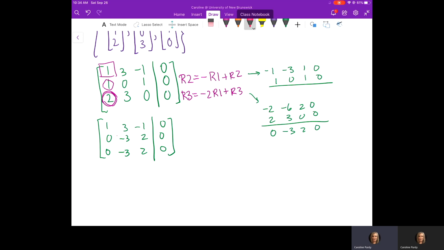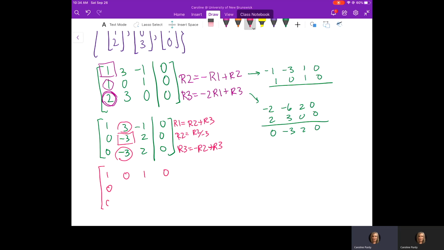Let's leave this pivot as a -3 for a minute, because that will easily get rid of this +3 if I just take row 2 and add row 3. And the same thing here, row 3, I could do negative row 2 plus row 3. Instead of making this into a 1 first, we'll do the 1 after, by dividing by 3, but I'll just do that step last. So first I will add these two.